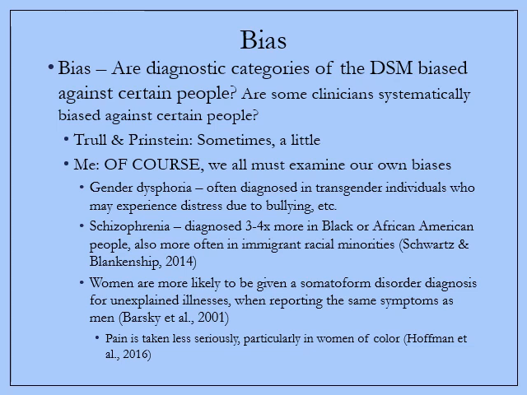As well, we know from research that schizophrenia is diagnosed way more often in people who are Black or African American, and also diagnosed more often in immigrant racial minority groups. Some of this may be explained by a more disadvantaged status of people who are Black, the stress of racial discrimination and systematic oppression.